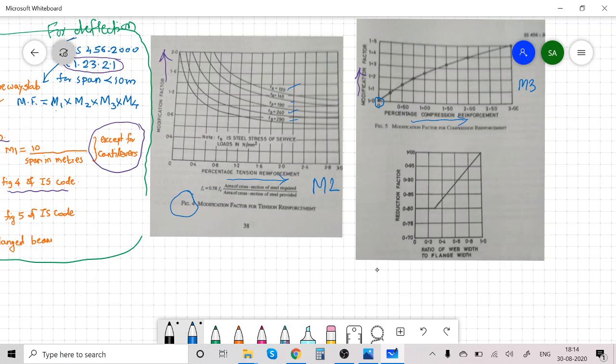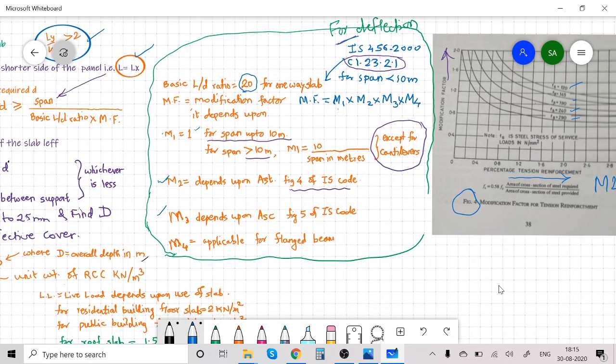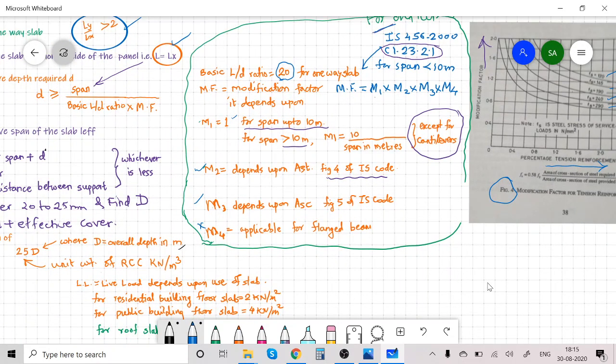As we are considering the one-way slab without any compression reinforcement, we will always consider M3 as 1. Then M4 is the modification factor which is applicable for flanged beams, that is L beam and T beam. For slab, M4 is not applicable, so we will not consider the value of M4.